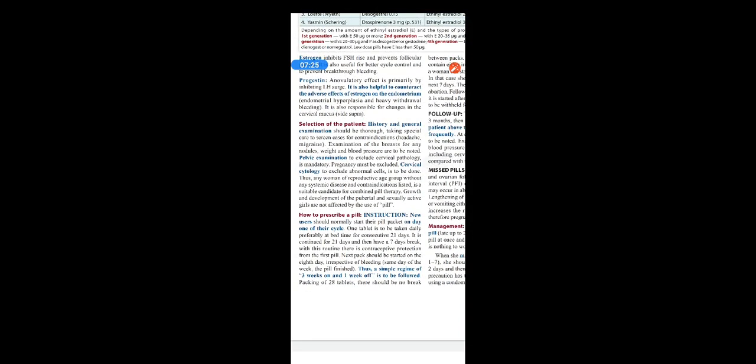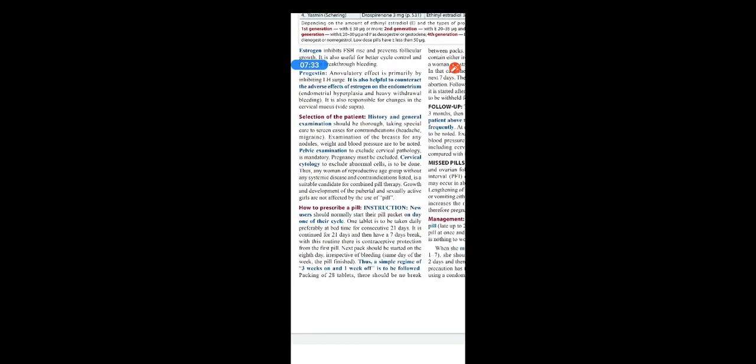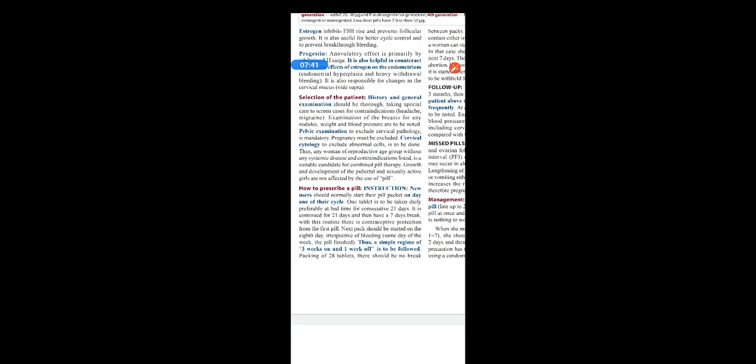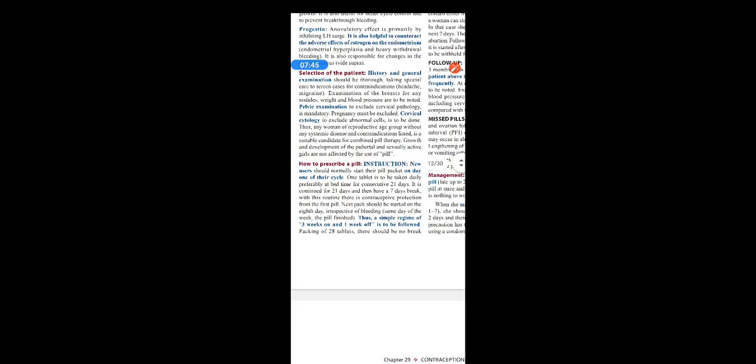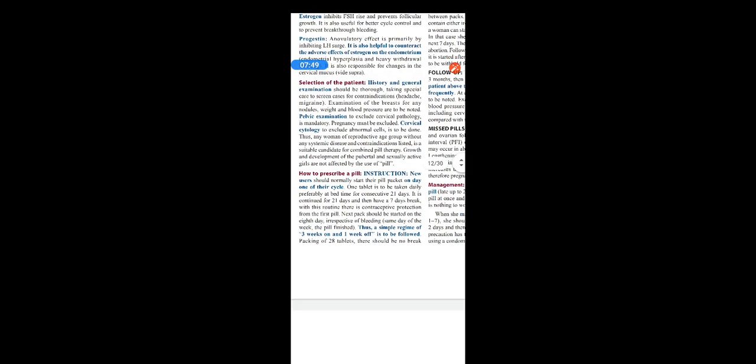Coming to the selection of the patient: how to select a patient for contraceptive pills or steroidal contraceptives? History and general examination should be thorough, taking special care to screen for contraindications like headache, migraine, etc. Examination of the breast for any nodules, weight, and blood pressure are to be noted. Pelvic examination, including any cervical pathology, is compulsory, and pregnancy should be excluded.